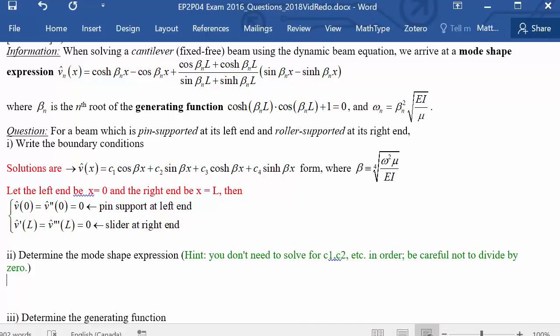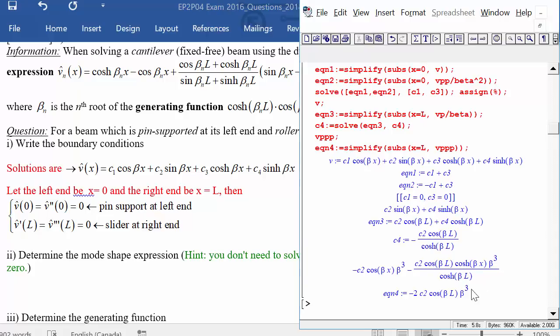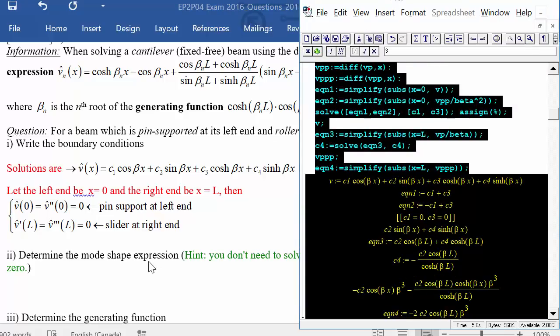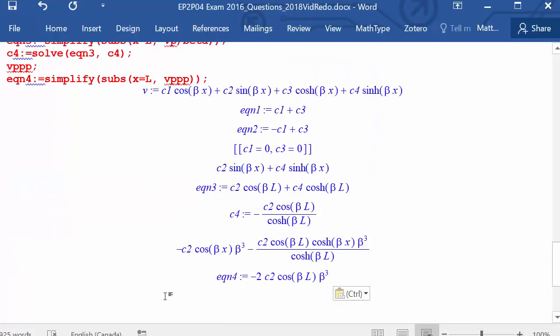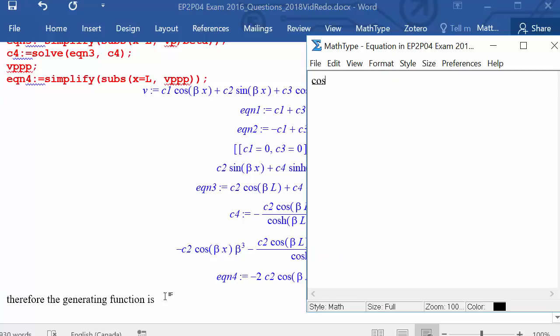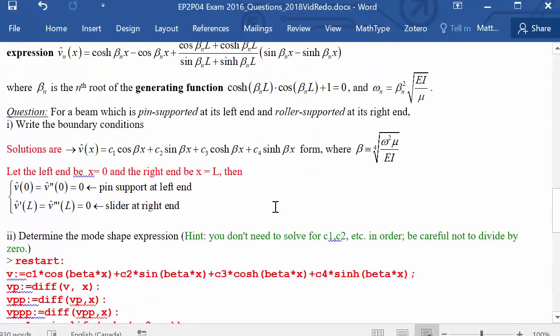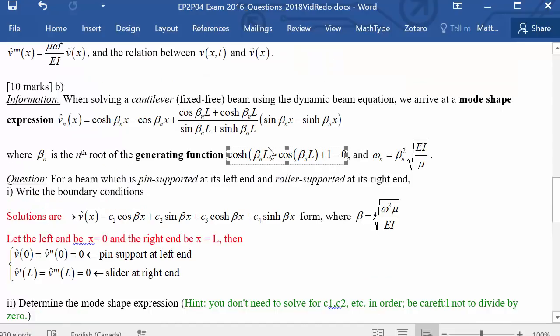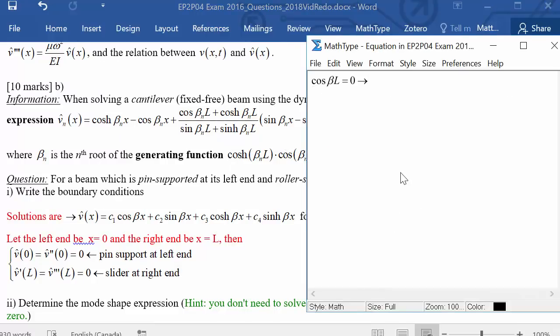After all of that work, we've arrived at our generating function. Maybe we can copy it in. The generating function is cos beta L equals 0. Unlike the cantilever one, which you can't actually solve for beta, this one is simple enough that you can say right away what the roots are.